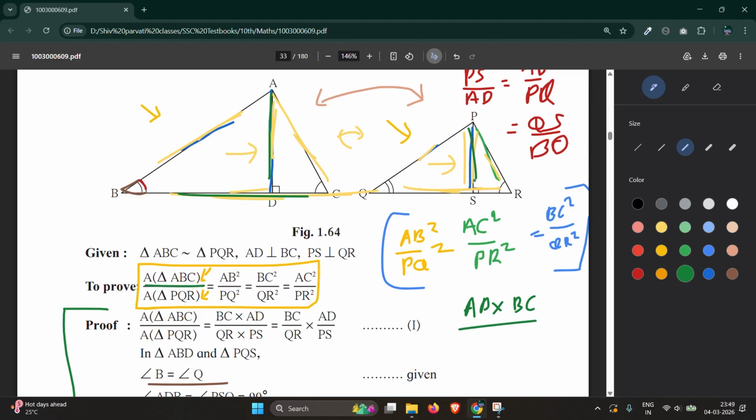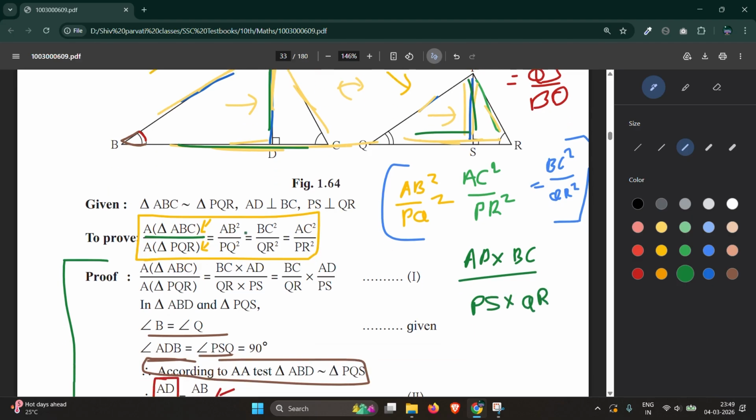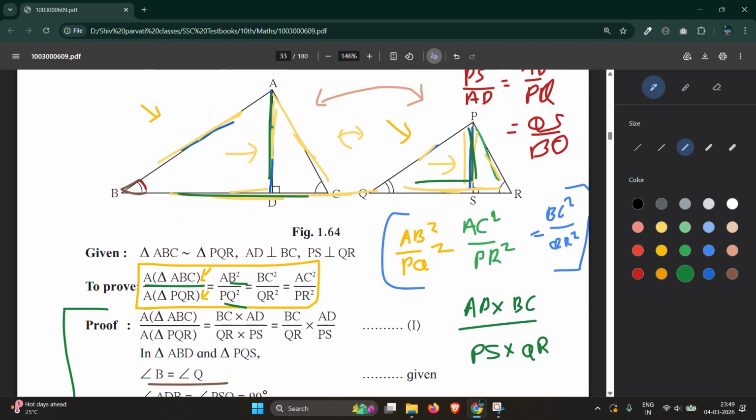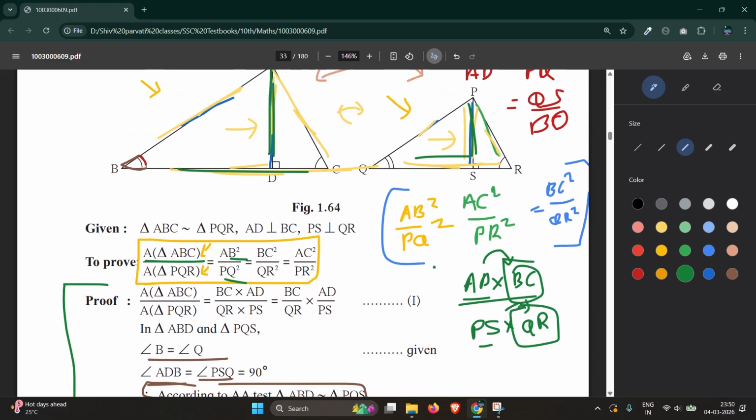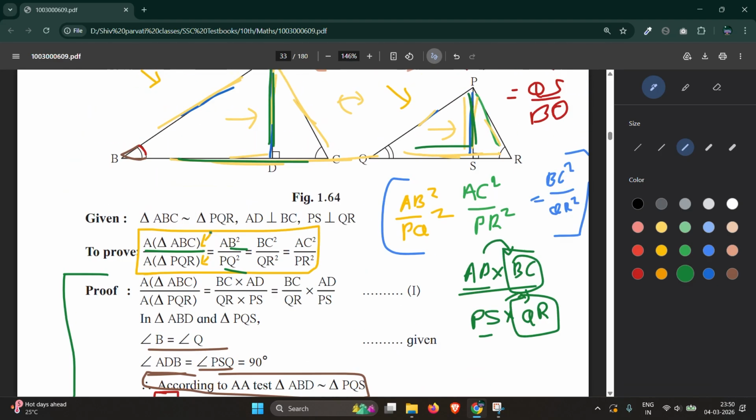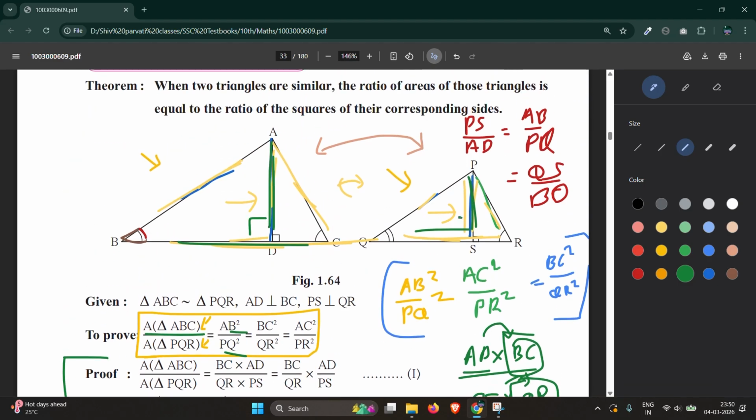So you will write the area of the other triangle below. That will be PS into QR. And to get these squares, you have to remove the height, that is AD and PS, and replace it with the same ratio you're trying to multiply it with. And why can you do that? Because these inner triangles are also similar triangles.